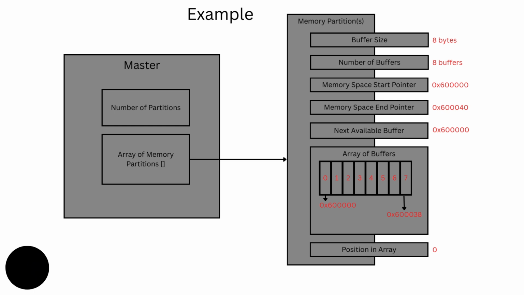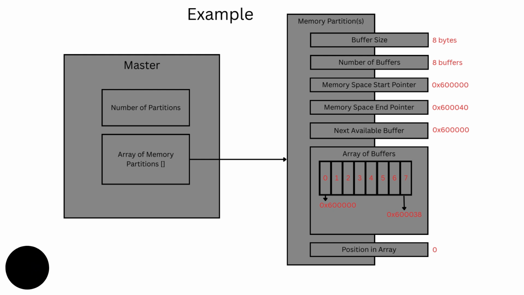So, as an example, say that we wanted to set up just one of these memory partitions, buffer size 8 bytes with 8 buffers. You can see in the array of buffers that we have a starting address of 600,000 hex, and the start pointer of the last buffer is 600,038 hex.